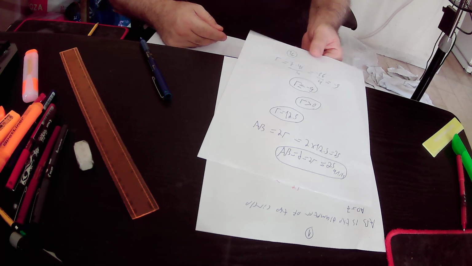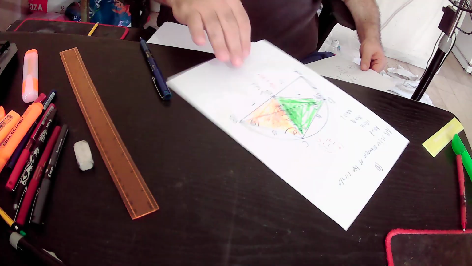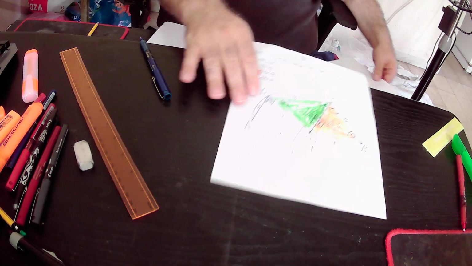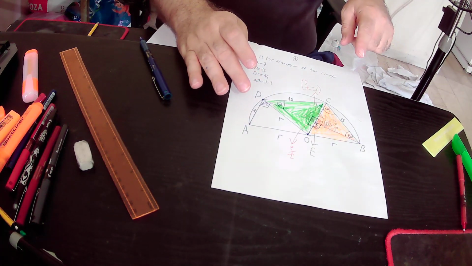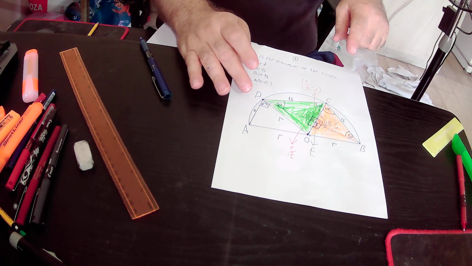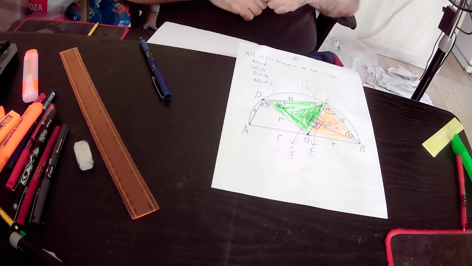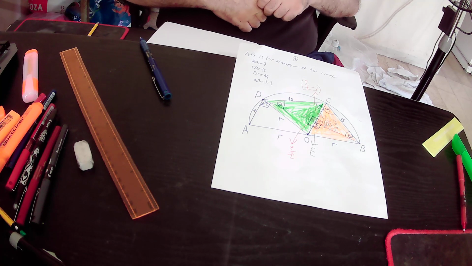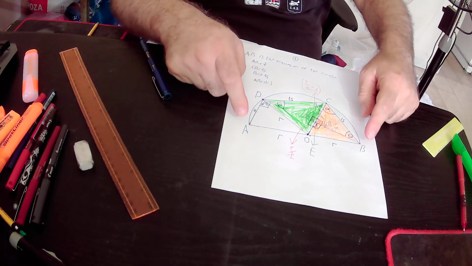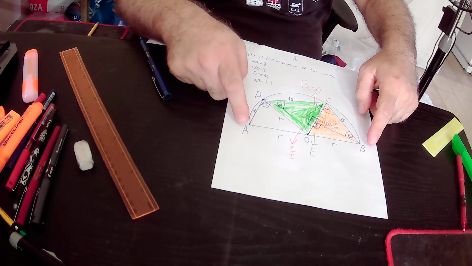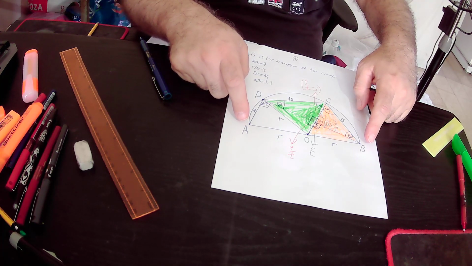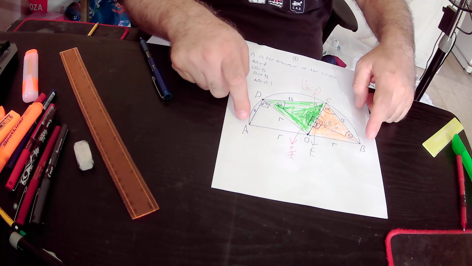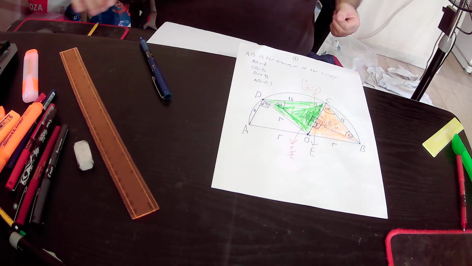So AB, the diameter of this semicircle, equals 2 times the radius, equals 25 units. So the value of the diameter of this semicircle is 25 units. Okay, thank you very much.